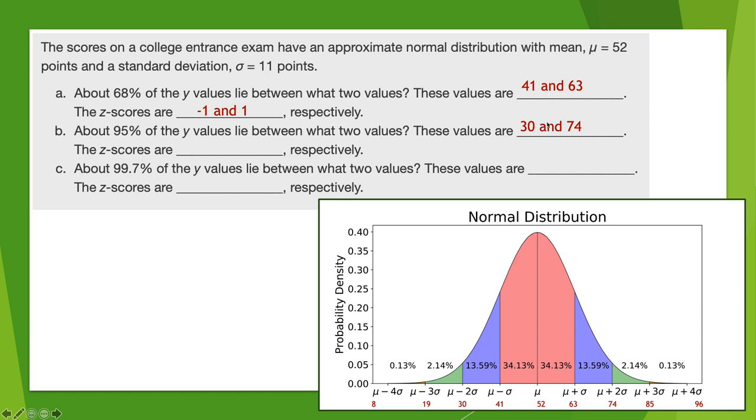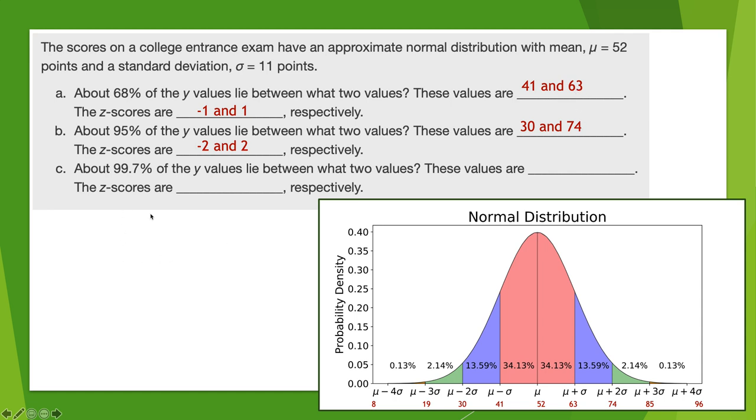And if I do 52 plus 2 11s, I get 74. Okay? And what are the z-scores? This time, the z-scores are minus 2 and plus 2 because I'm down 2 standard deviations and up 2 standard deviations. Finally, and you can notice the pattern here, right? 52 minus 11 is 41, minus another 11 is 30. 52 plus 11 is 63, plus another 11 is 74.